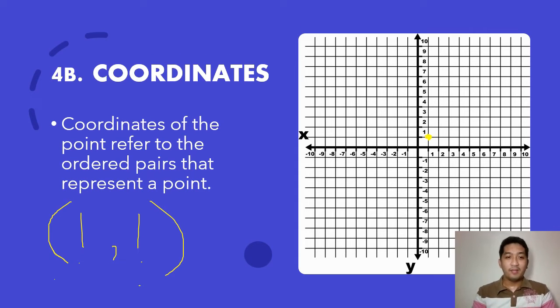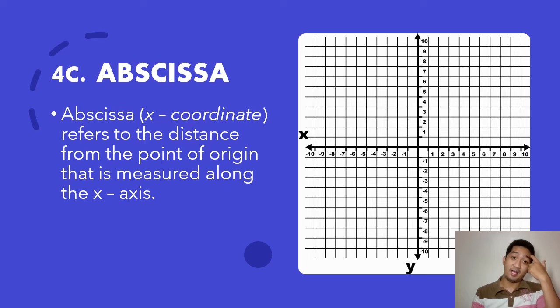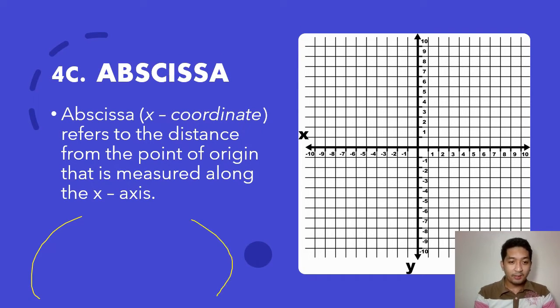Next is the abscissa. Abscissa refers to the x-coordinate, or the distance from the point of origin measured along the x-axis. Abscissa is the x value in the ordered pair. Again, we are talking about the ordered pair. So let me change this to 1 and 2.